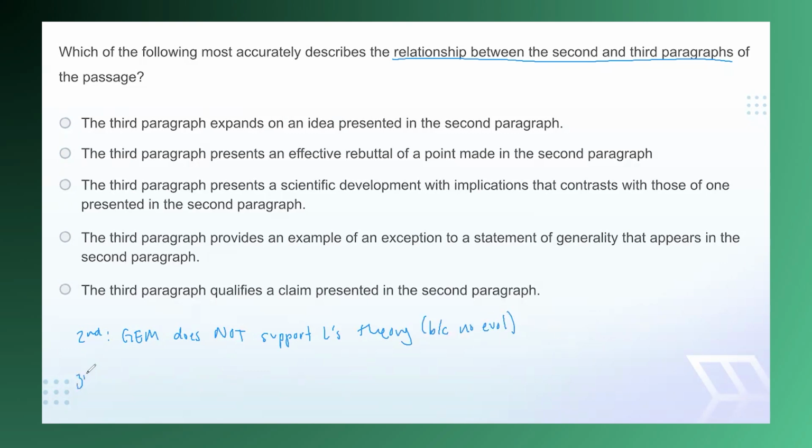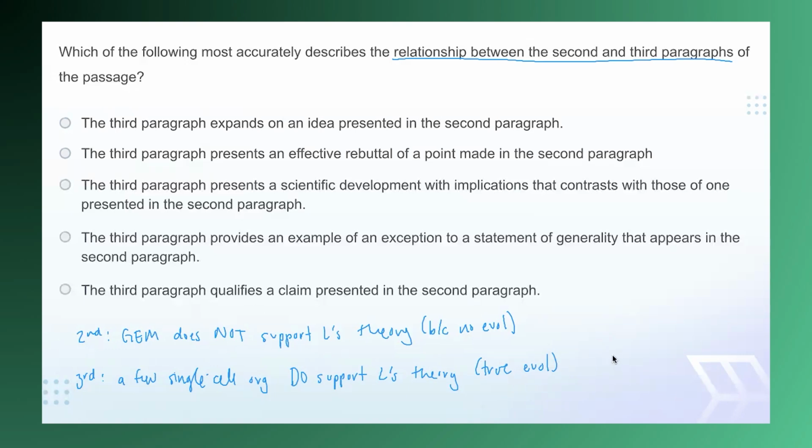Our third paragraph summary is that a few single cell organisms do support Lamarck's theory. And that is because they are true evolution. So already we can see that there is some contrast between these two, and we're going to look for an answer choice that reflects that kind of contrast. Let's check out our answer choices.